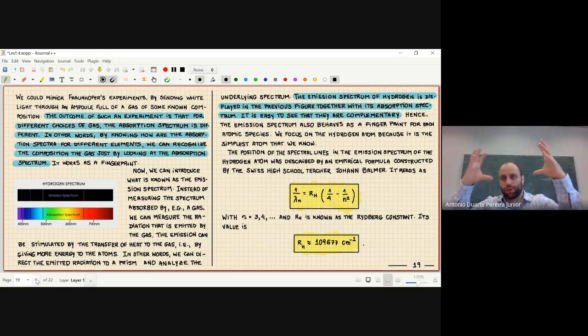If some star emits light, you can take the light that was emitted by the star, pass the light through a prism, and then you just see what colors are missing. And because we already know a lot about how different materials absorb different colors, you can tell, well, in that star, I know that there are these and those components.